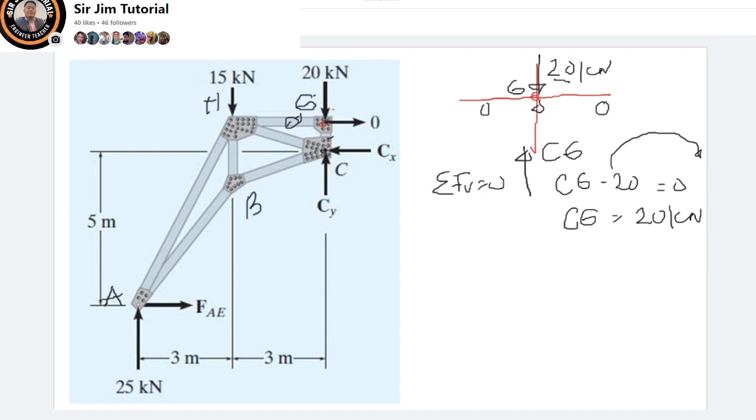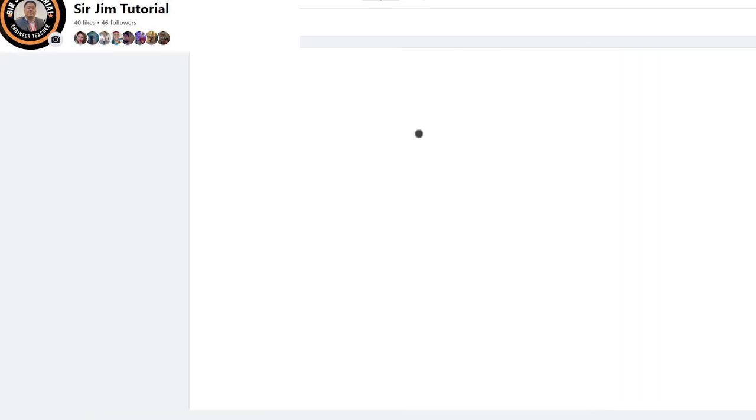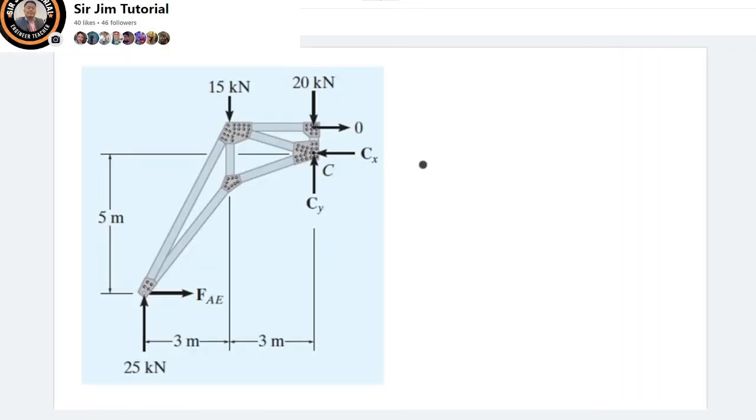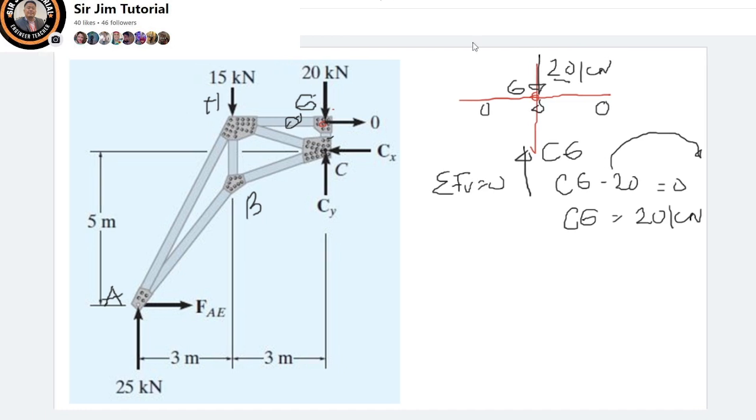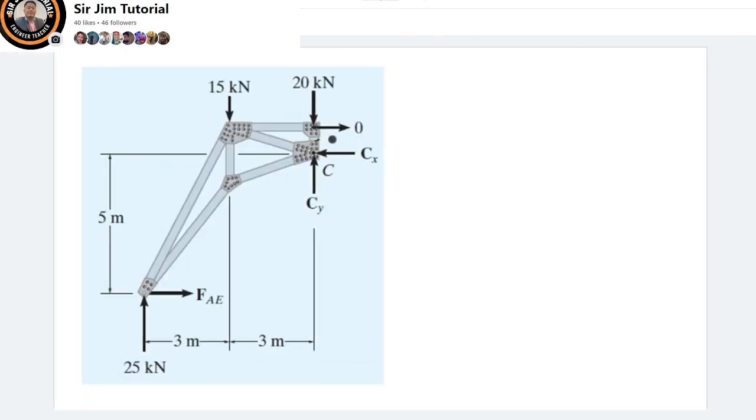Let's copy this one. It's already computed, 20. Now if I copy again, this part at joint C. In our earlier measurement, if we go back to the problem, this is just 1, and this is also 1.